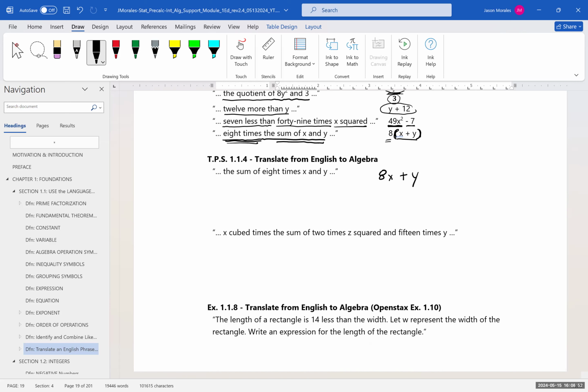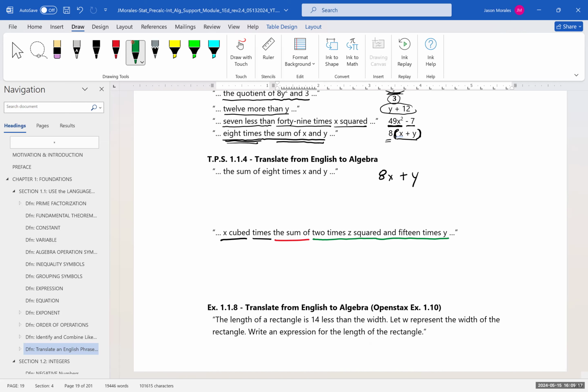Okay, here's the example. For the answer, I'll try and write this one out. We've got x cubed times the sum of 2 times z squared and 15 times y.